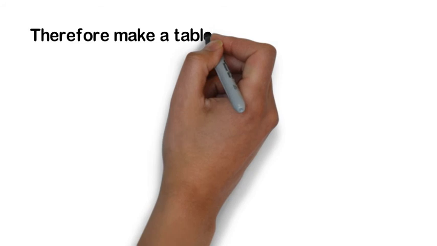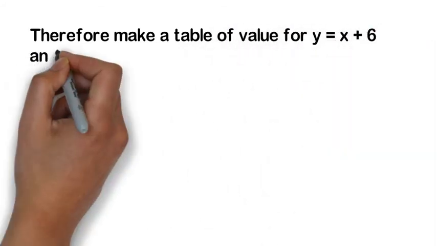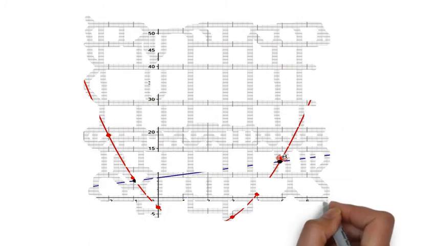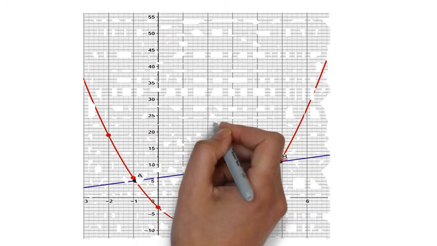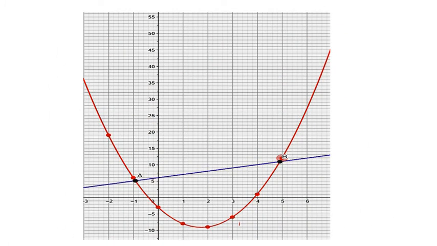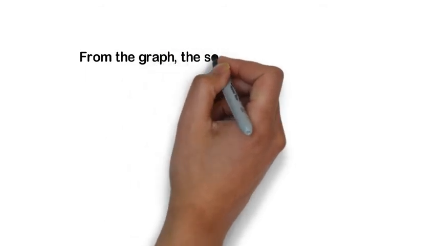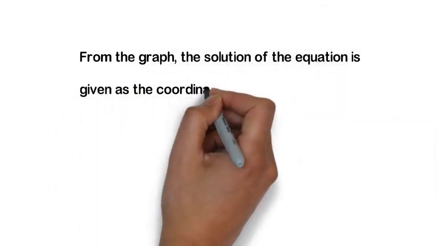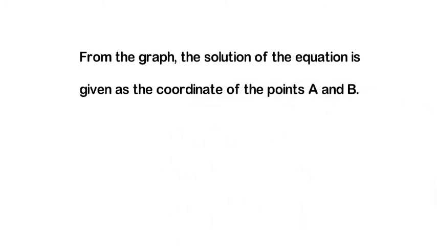So we can now make a table of values for y equals x plus 6, which is a straight line, and plot it on the same graph. By so doing, we will have the graph as seen. From the graph, locate the points of intersection, mark A and B, and then read the coordinates.